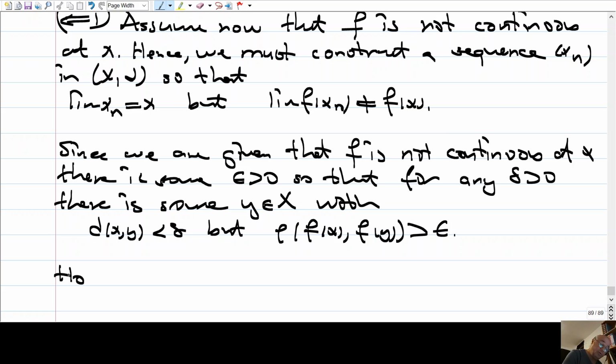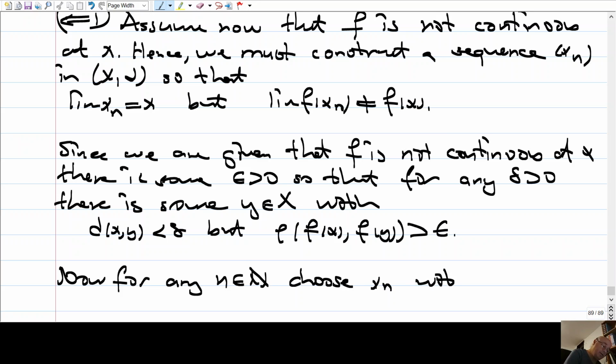Now, for any n, choose xn with this property. For any delta there is some y which satisfies this and satisfies this.